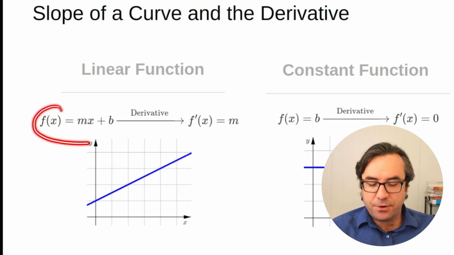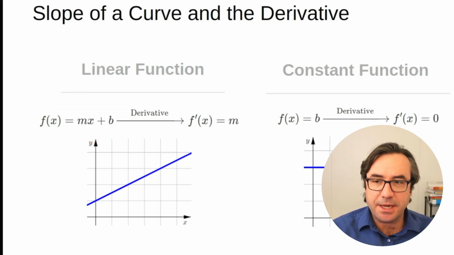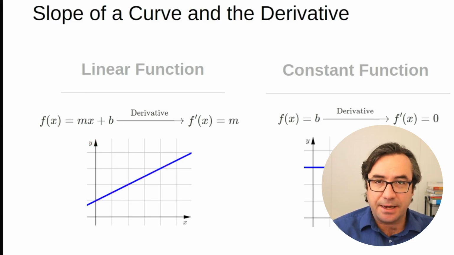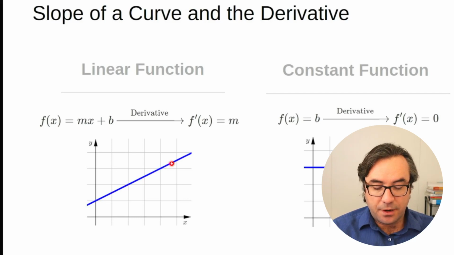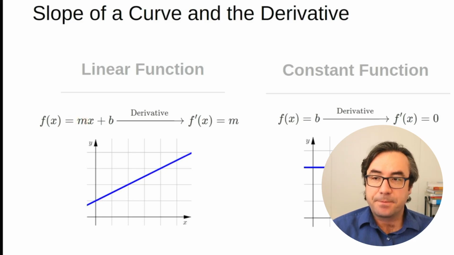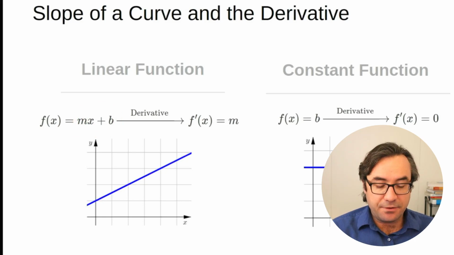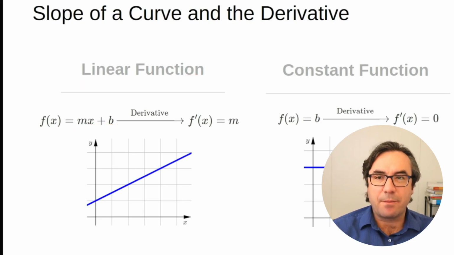So if we look at any point on this function, well, this function is just a line. So the slope of our curve at any one of these points is always going to be the same. It's always going to be m. So when we have a function like mx plus b, the derivative is just equal to m. That's a linear function, this specific format.